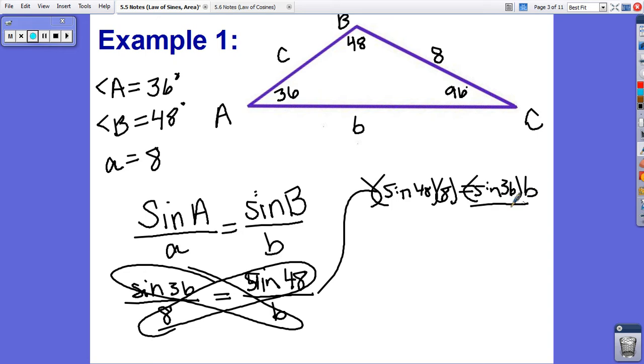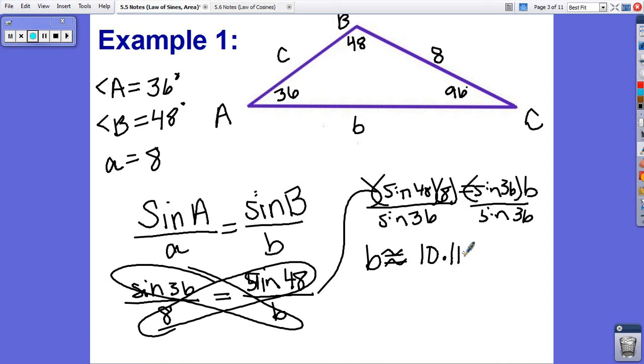And you would solve for b by dividing by sine of 36. If you do it on one side, you have to do it on the other side. So if you did all of that in your calculators, you would end up getting that b is about equal to 10.11.